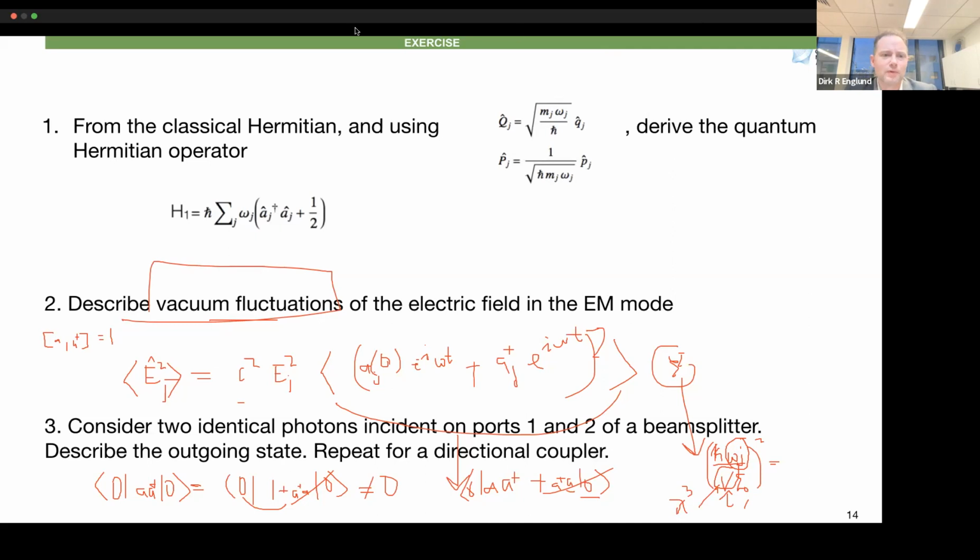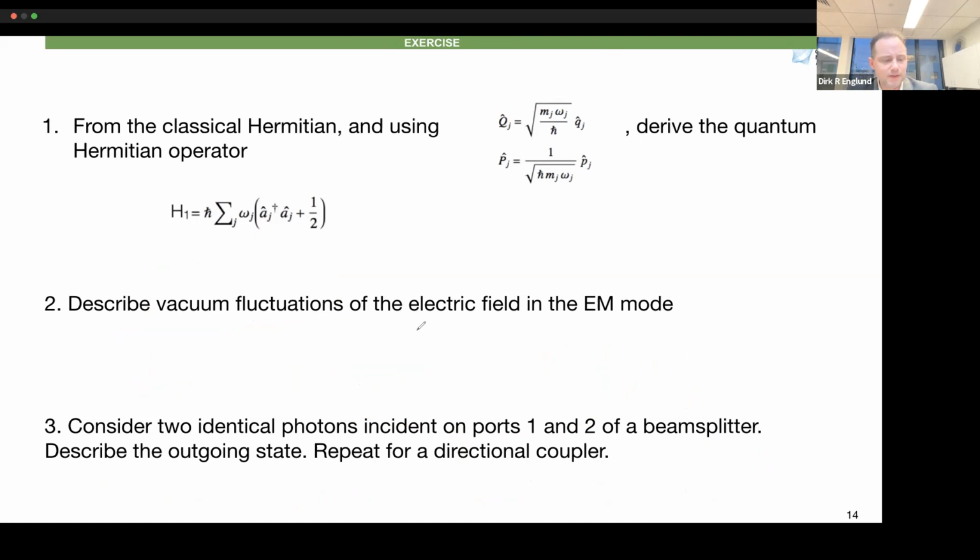But I guess the most important thing is that even when the field is in vacuum, the fluctuations don't go to 0, and it's that fluctuation that gives rise, for example, to the spontaneous emission decay of an atom.